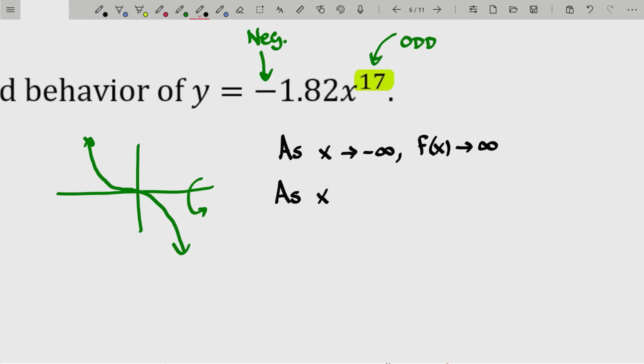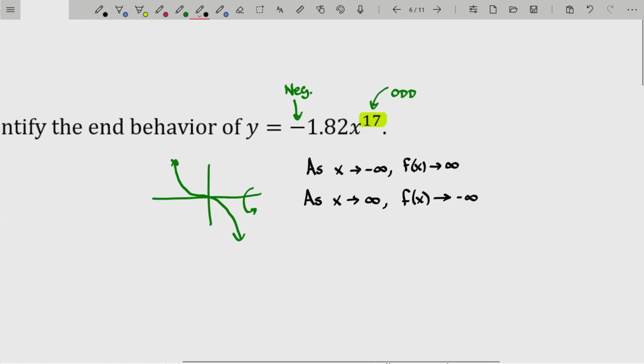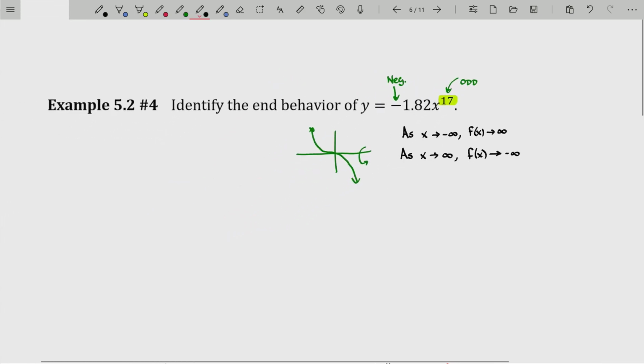And as x goes to +infinity, our function dives down to -infinity. Very fast question to answer, but it's really important that you get used to these ideas. It has to become second nature, that you're able to answer these questions very quickly.